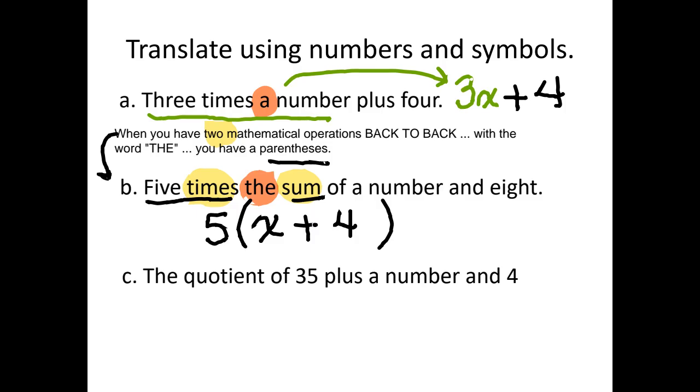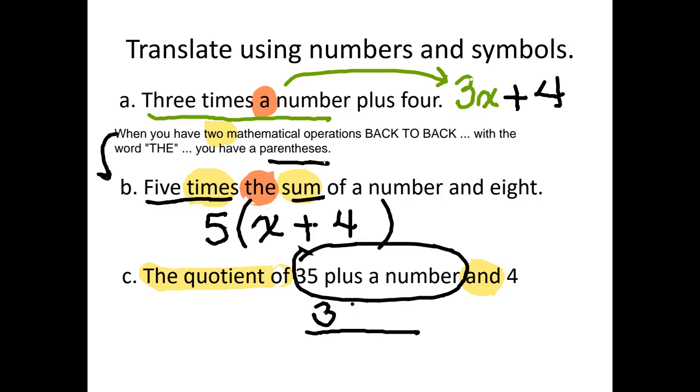And the last one is talking about division. Now, this is where you have to recognize the phrase, the quotient of 35. And see that little word and? The quotient of and the word and means I have a fraction. What's right here before the word and is 35 plus a number.